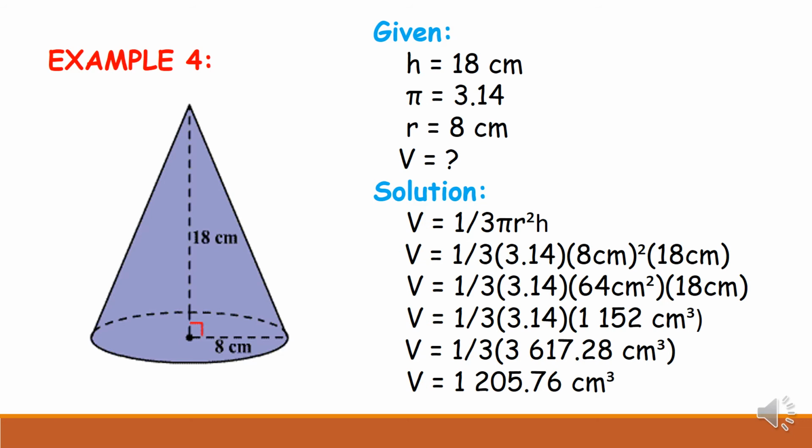So 64 times 18 is equal to 1152 centimeters cubed. Then 3.1400 times 1152 centimeters cubed is equal to 3617.28 centimeters cubed, times 1/3, that is equal to 1205.76 centimeters cubed. So the volume of the given cone is 1205.76 centimeters cubed.